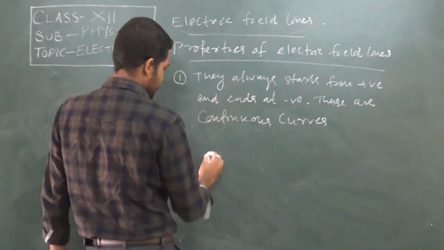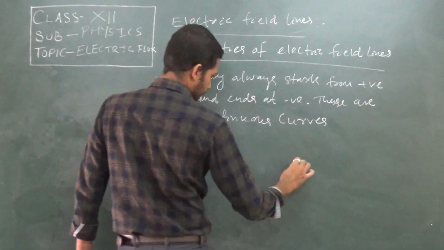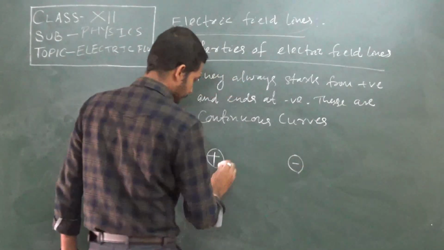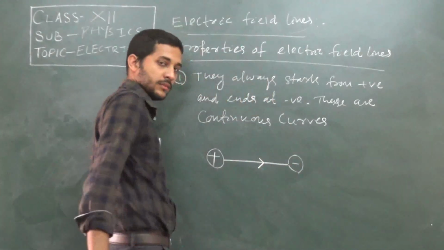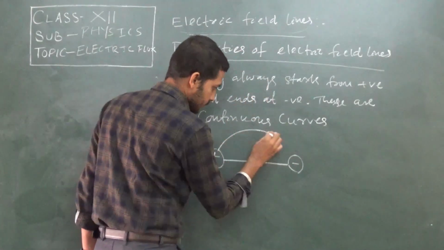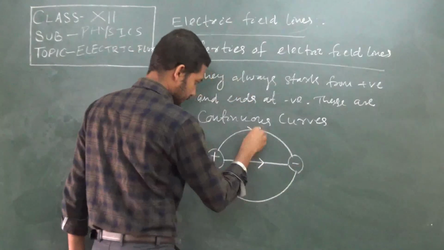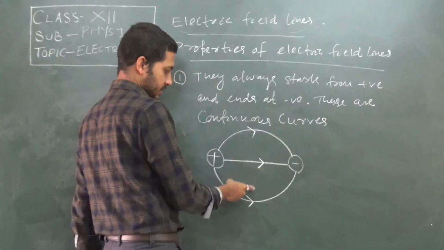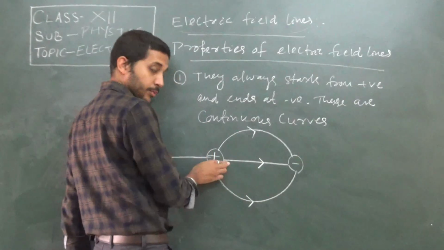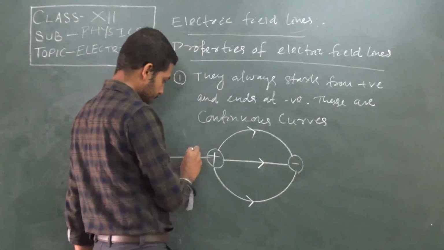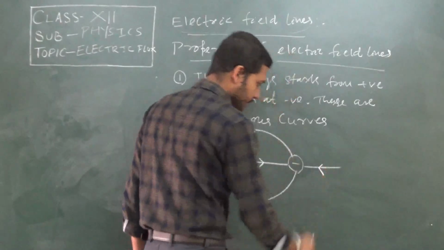For example, if I take a positive charge here and a negative charge here, then from positive to negative the lines will go. You need to specify the direction. Here also the lines of force always come out from the positive and always go in towards the negative.